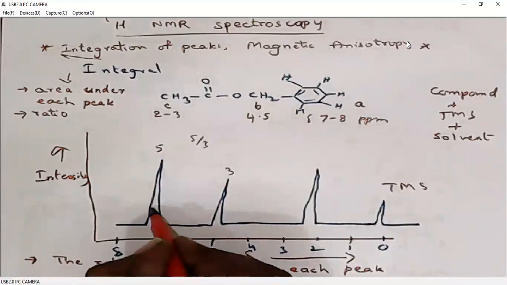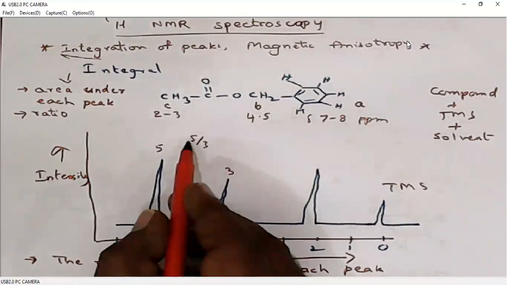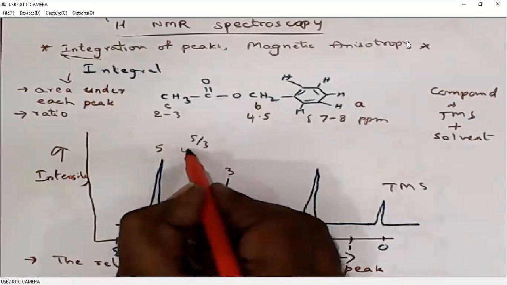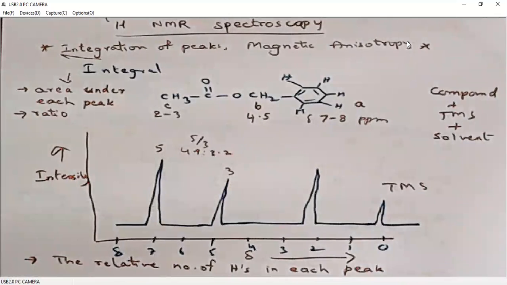We are calculating the area here and the area here. When we take the ratio, it gives 5 is to 3. It may not be exactly 5 is to 3, maybe off by one or two points. Sometimes it may be 4.9 is to 3.2 or 2.9, something like that. So when we measure the area and take the ratio, we get the relative number of hydrogens in each peak.